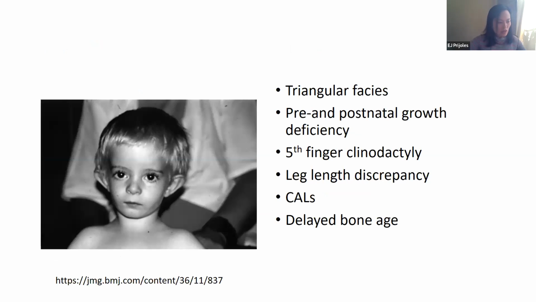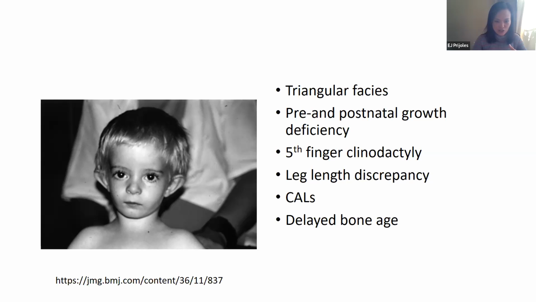So we'll go to reduction or hypotrophy. An individual with triangular facies, pre- and postnatal growth deficiency, fifth finger clinodactyly, leg length discrepancy, ccafé au lait spots, delayed bone age, and short stature might fit into a condition we think about with these characteristics.